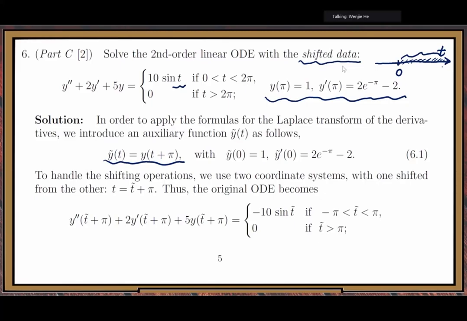Then, based on our natural understanding, after you find a solution, your solution function should also have the domain in this half-axis, right? If you change the domain, it is not right. So here, we need to really enforce this understanding.